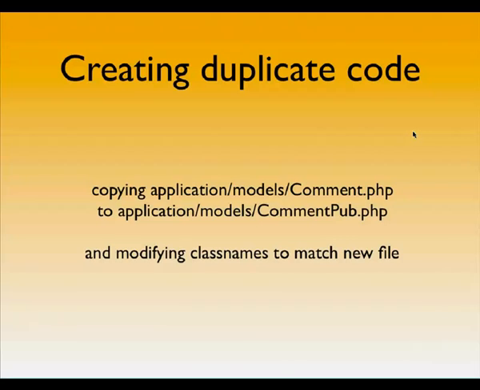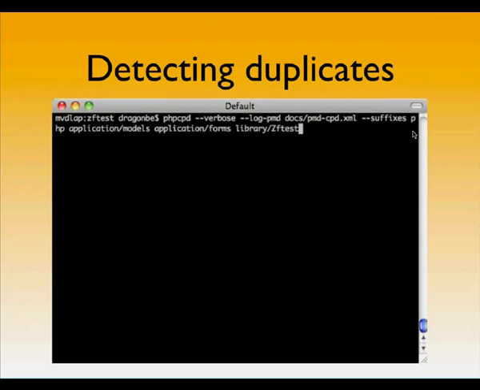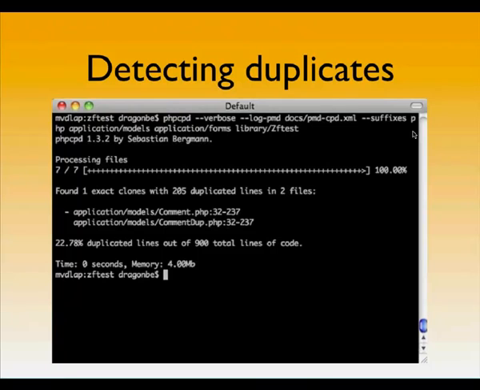So let's create duplicate code. I just copy my common PHP class to common pub, and I also modify the class names so they match the new file. When I run it, I see immediately a message saying, hey, I found an exact clone with 205 duplicate lines, and 22.78% is duplicated out of 900 total lines of code.